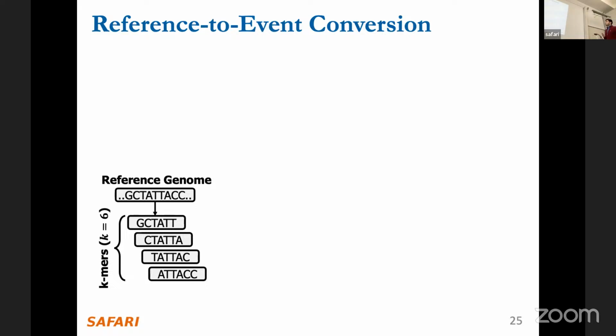Let's start with reference to event conversion. How do we convert the reference genome to some sort of signal values? For that, we start by extracting the k-mers, all overlapping k-mers, from a reference genome.